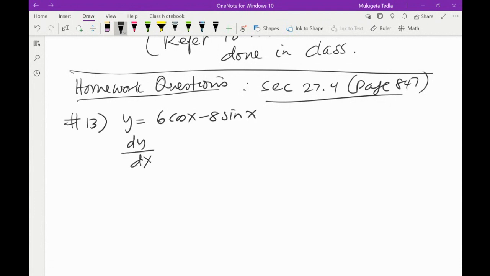You find dy by dx, which is equal to minus 6 sine x minus 8 cos x. You let it equal 0, and then find the critical numbers.